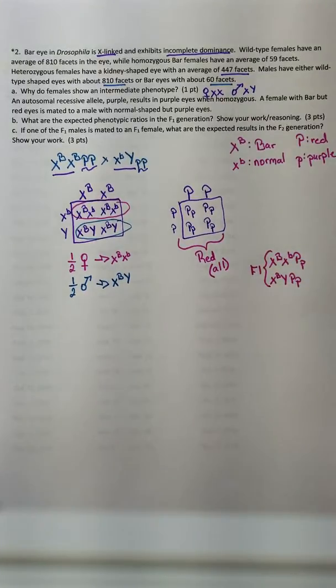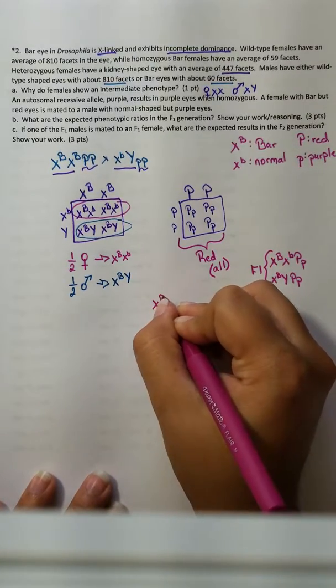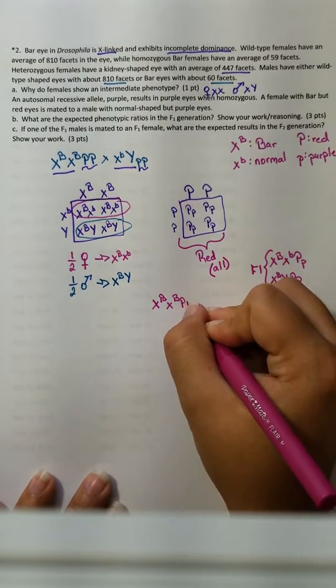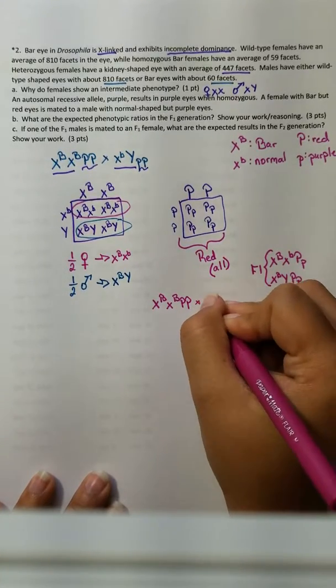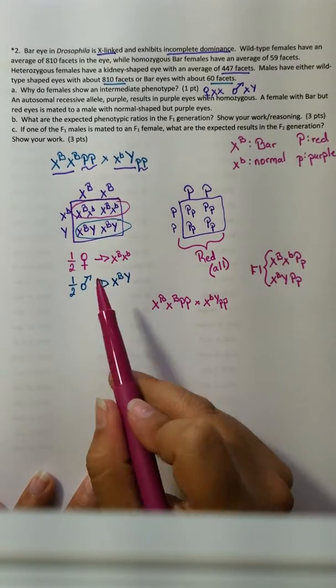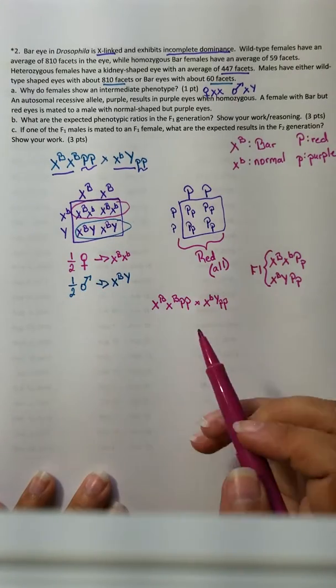These are the phenotypes that you'll have in your F1. So this cross for the original parents would result in a 1-to-1 ratio. As you can see, half are female and half are male. So half to half is 1-to-1.